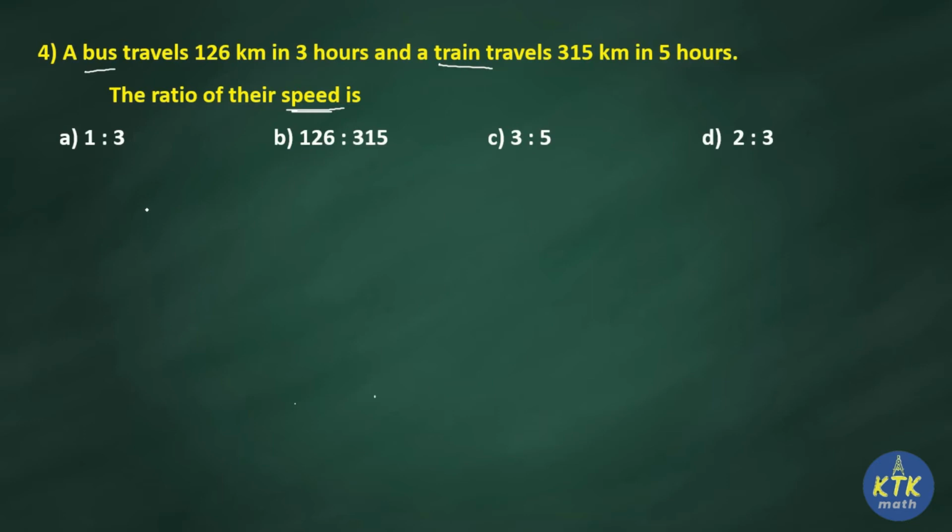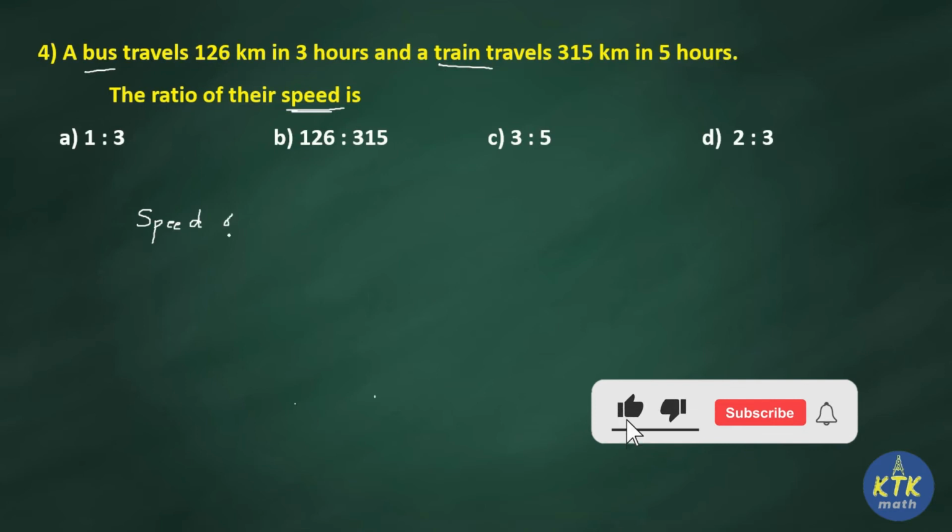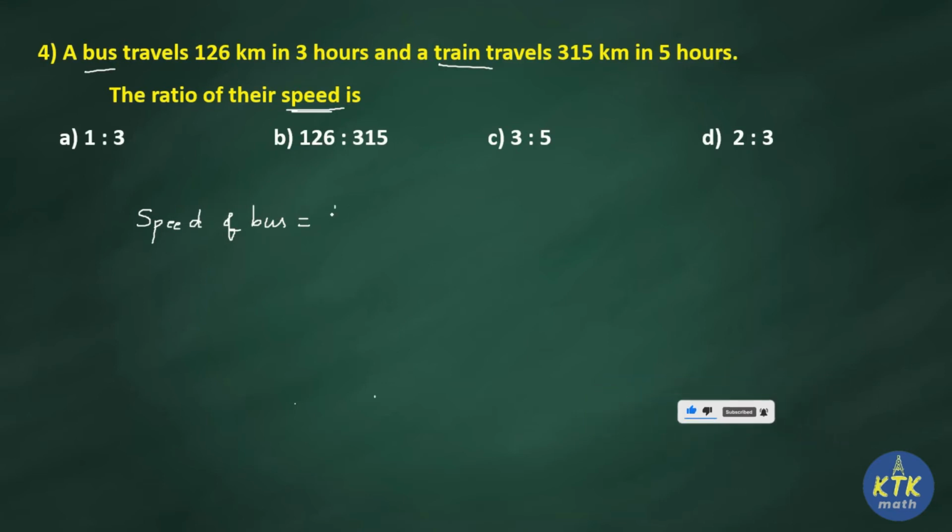We are going to find the speed of the bus first, because they are asking us to compare both speeds. So speed of bus equals, what is the formula for speed? Speed is distance traveled divided by time taken. So 126 divided by 3.